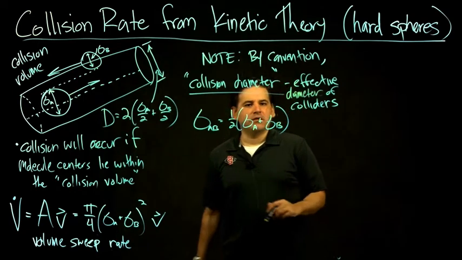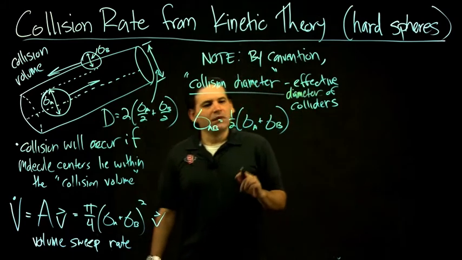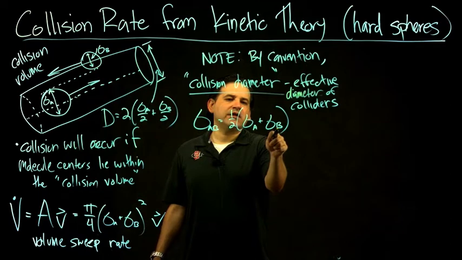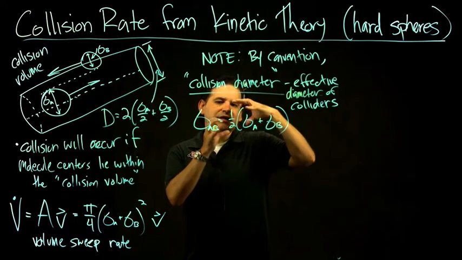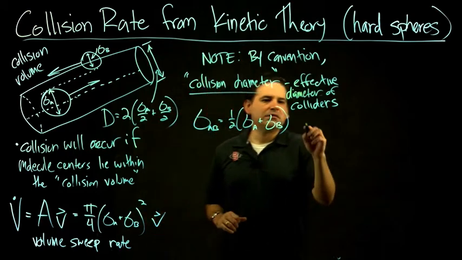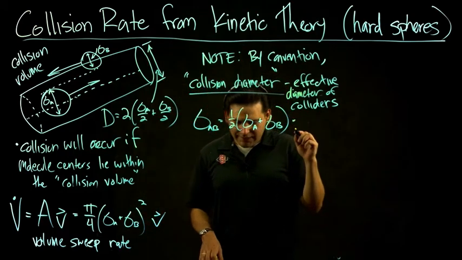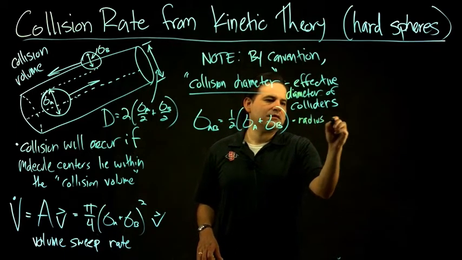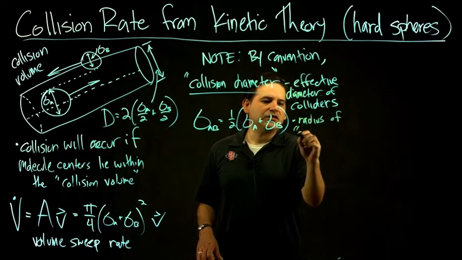Effective diameter of colliders. What we're doing is taking the radius of the first one and the radius of the second one and adding them together. That gives you an effective diameter where you can collide. But it's also the radius of the collision volume.